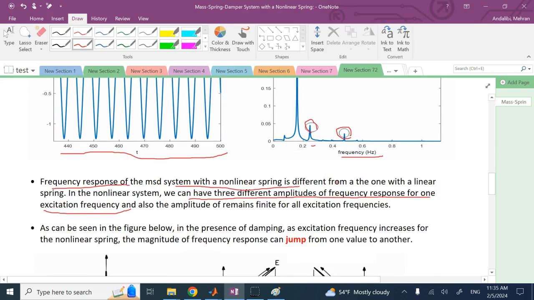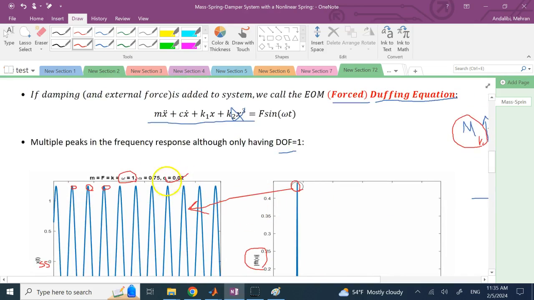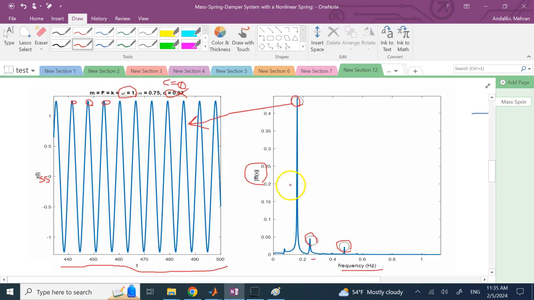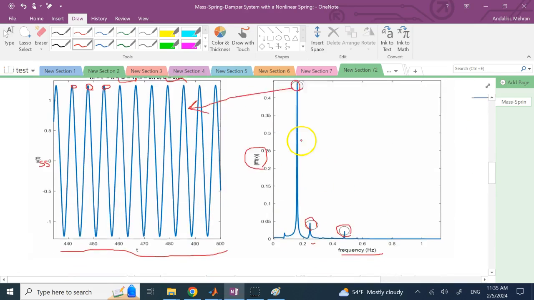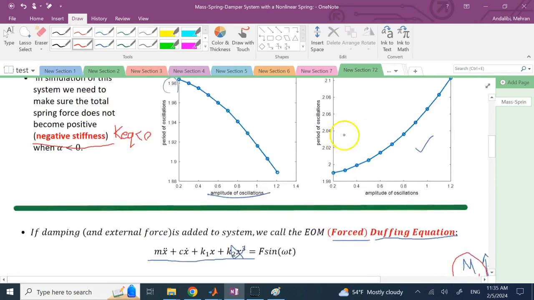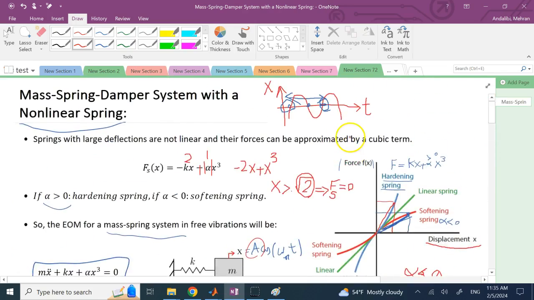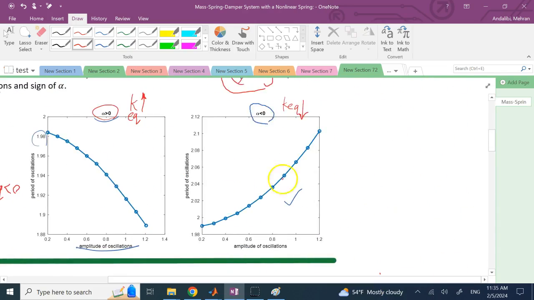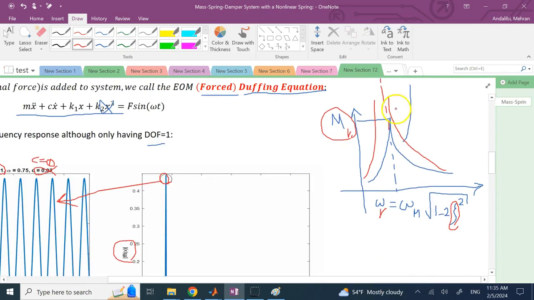The other one that is even more interesting is the amplitudes of all of these peaks stay finite even if there is no damping. So even if I kill this damping and set it equal to 0, no damping in the system, still none of these peaks will become infinite. You will never get infinitely big responses like this picture that I just drew for you, this red scenario here.